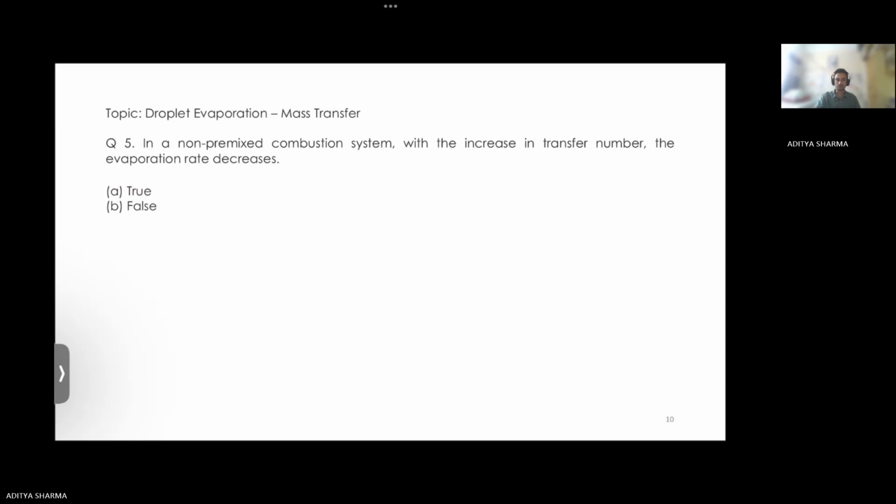So, what is that relation? For this, there is one expression, okay?